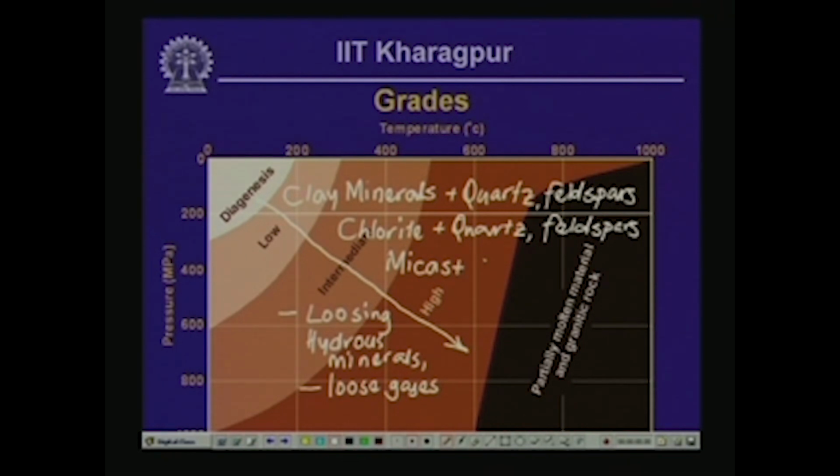And here also we will get quartz and feldspars, and we will get more and more minerals of other varieties as we proceed to the bottom right, such as amphiboles and pyroxenes, as we move down to the right.